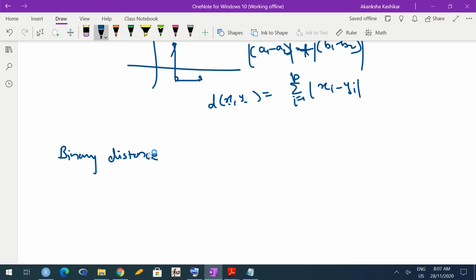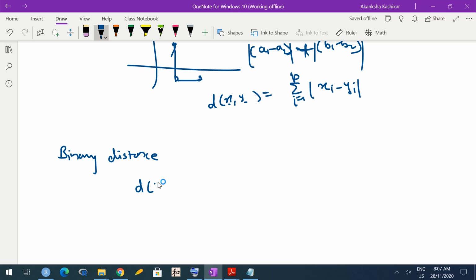But suppose we are talking about vectors of size 5, p equal to 5, and there are two vectors where 4 variables match out of those 5, and there is another pair of vectors where only one variable matches. In such a case you need to distinguish between those two. So we introduce binary distance but variable wise or component wise.